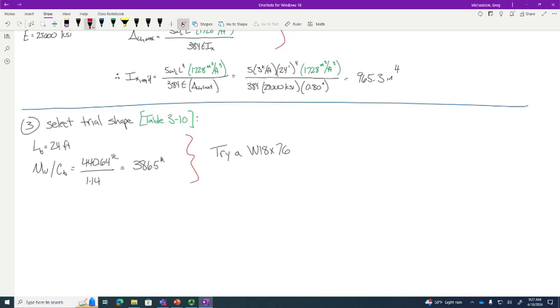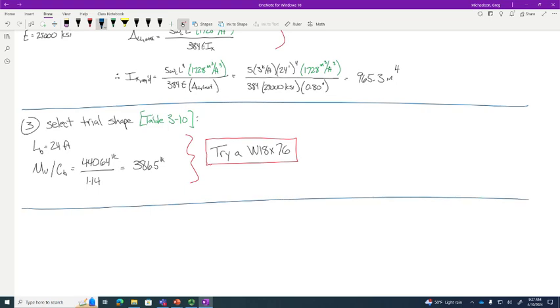A couple things. The first thing I want to do is go to table 3-2 and find the W18 by 76. Now I want to go to the Zx tables and find that W18 by 76.